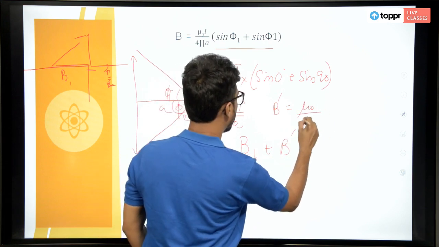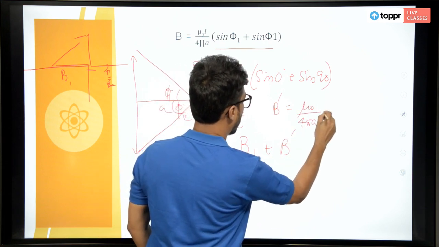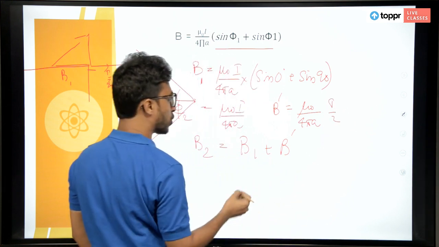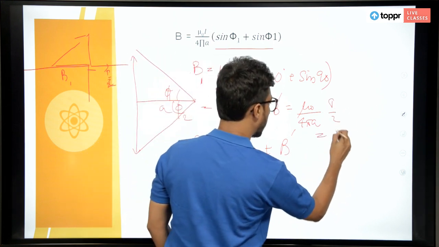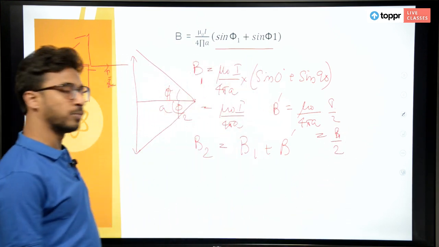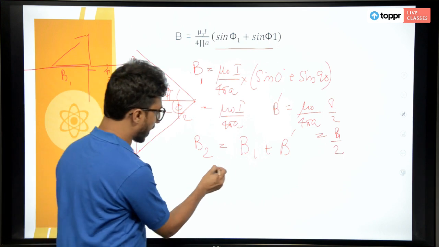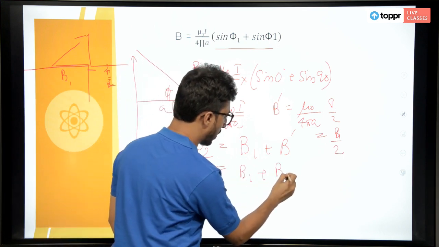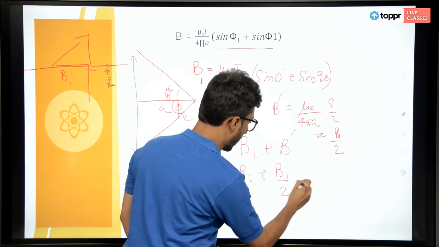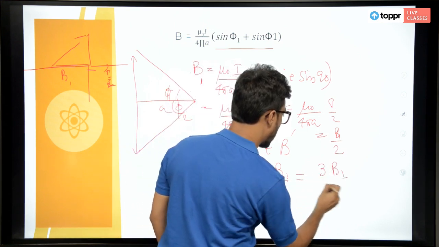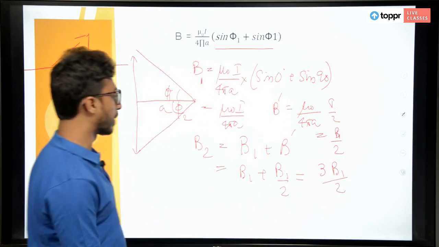Now B1 is this, B dash will be nothing but mu 0 by 4 pi A. Instead of I, I will write I by 2. So B dash is nothing but B1 by 2. So I can write B1 plus B1 by 2, that is 3B1 by 2.